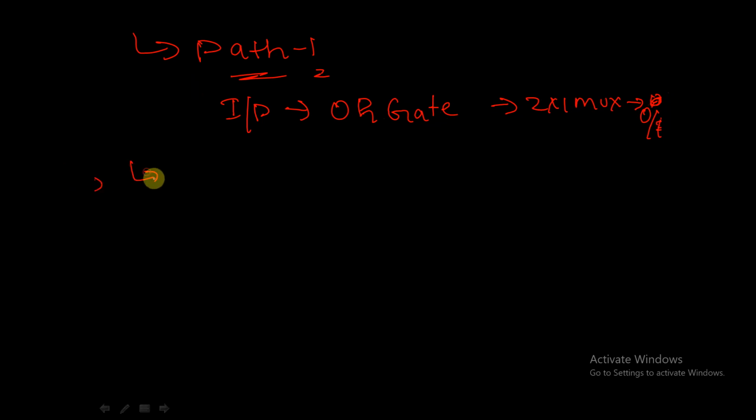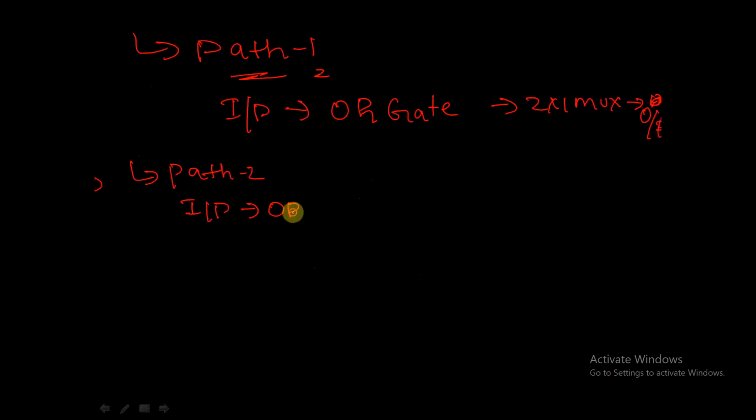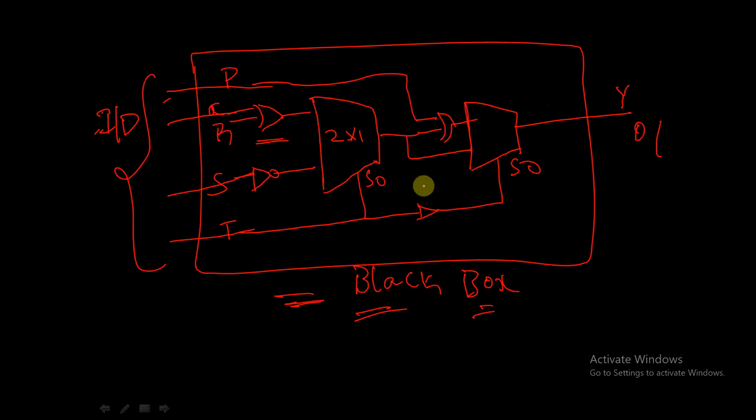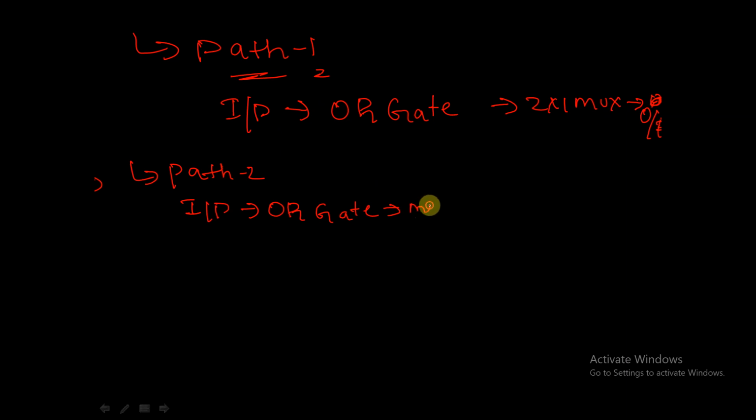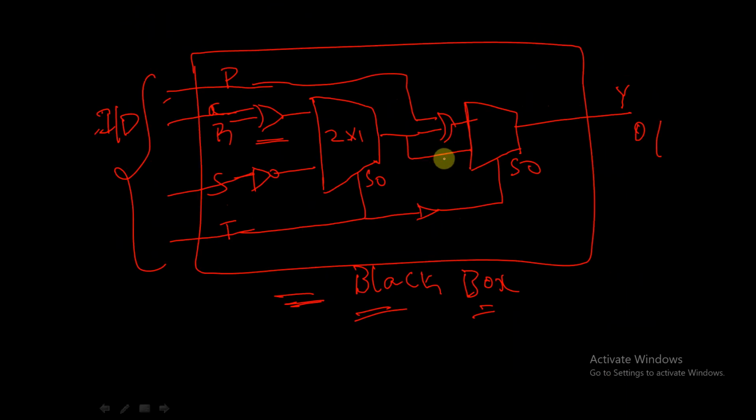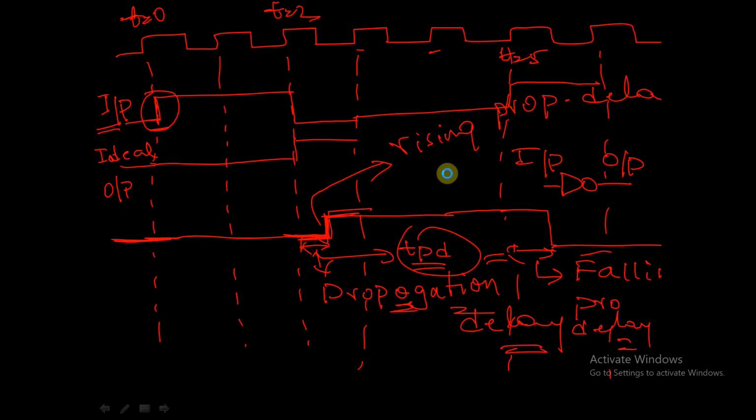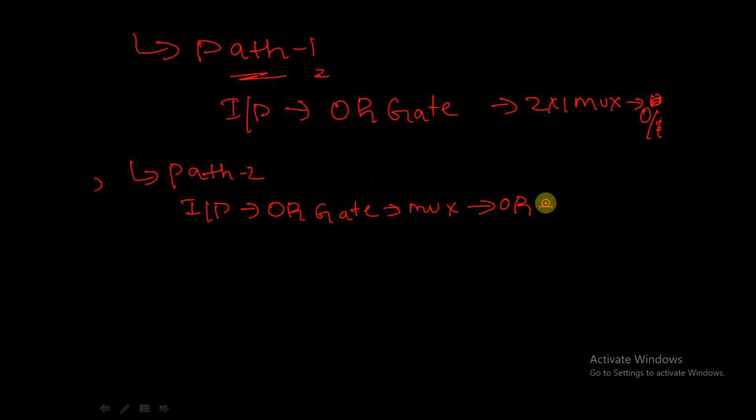Now, coming to path 2: input to OR gate, OR gate to multiplexer, multiplexer to OR gate, OR gate to multiplexer, multiplexer to output.